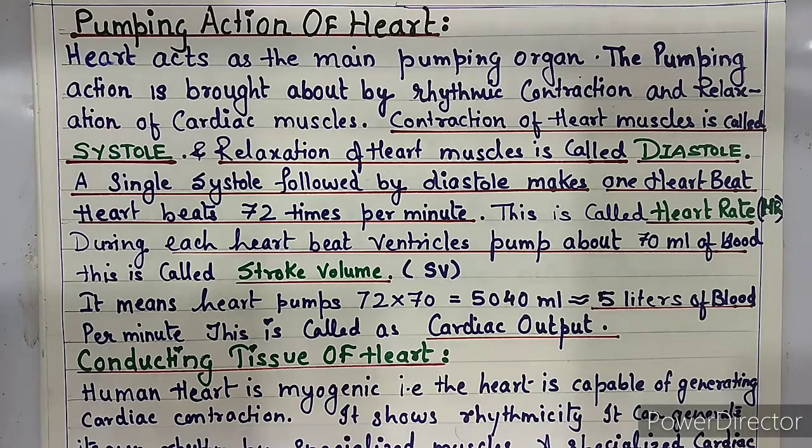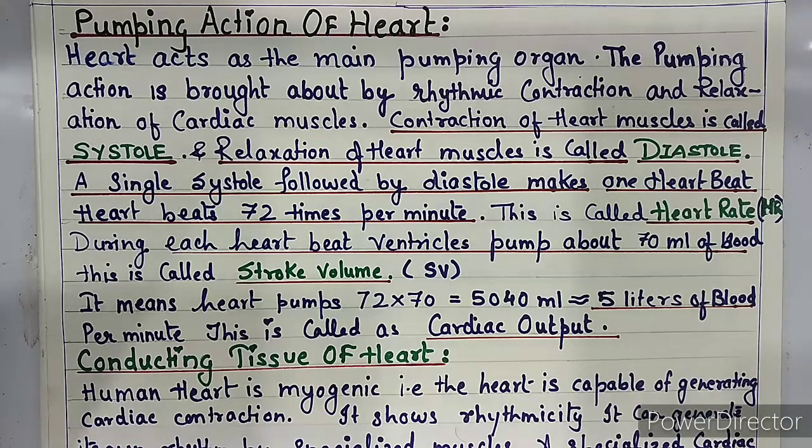In a similar manner, the heart, which itself is made up of a very strong kind of cardiac muscle, contracts and relaxes. And this contraction and relaxation follows a rhythm. It always takes place in an alternate manner. Alright?